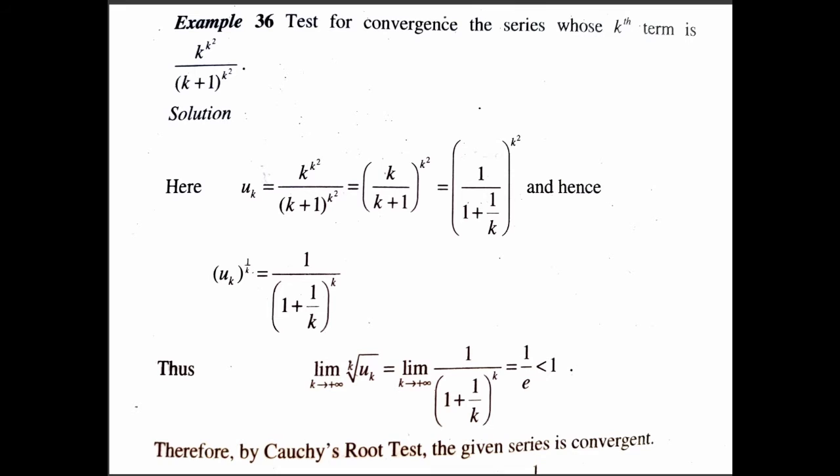Now limit k tends to plus infinity kth root of uk is equal to limit k tends to plus infinity 1 by 1 plus 1 by k the whole raised to k. That is, here the numerator is 1 and the denominator is e. Therefore the answer is 1 by e, which is less than 1. Therefore, by Cauchy's root test, the given series is convergent.